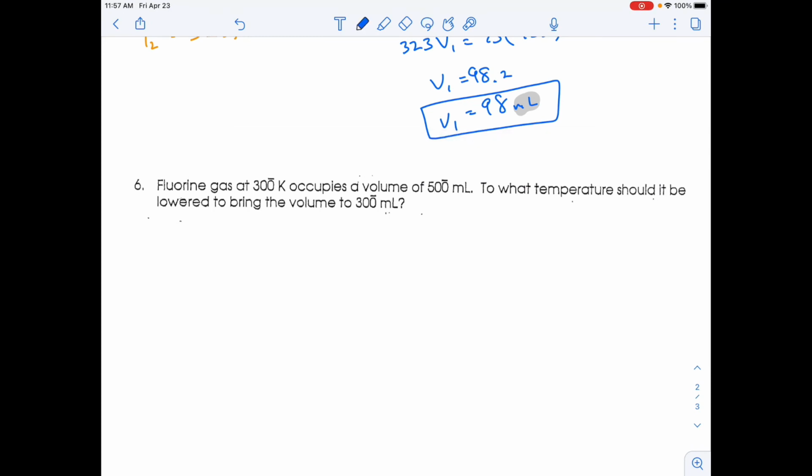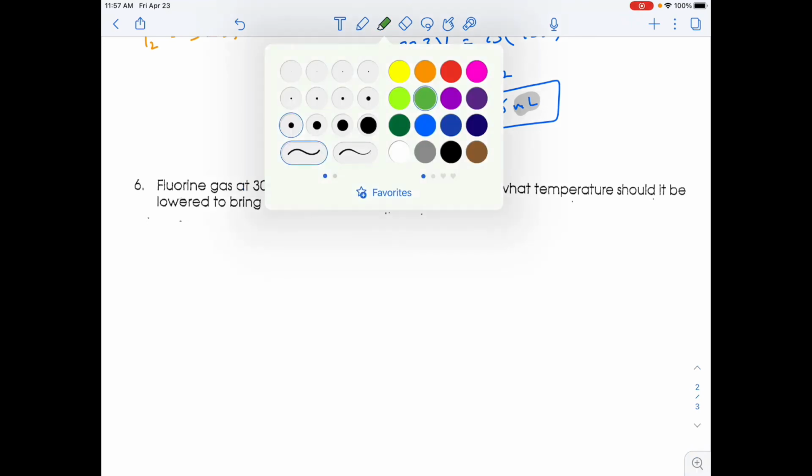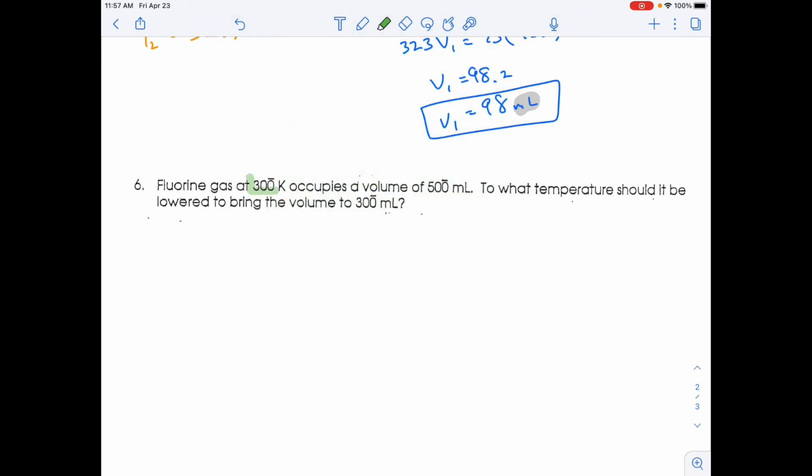So fluorine gas at 300 K. So they already did the temperature for us. We don't have to make a new temperature. So we have 300 Kelvin, that's our temperature, occupies a volume of 500 milliliters.